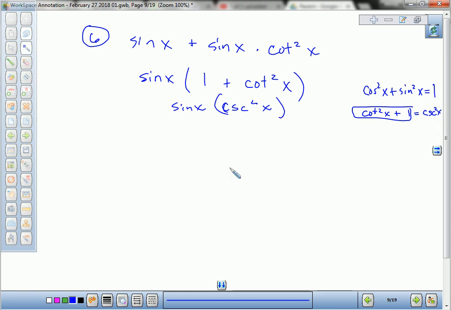And cosecant is a reciprocal of sine. So it leaves me with 1 over sine of x, which is cosecant.